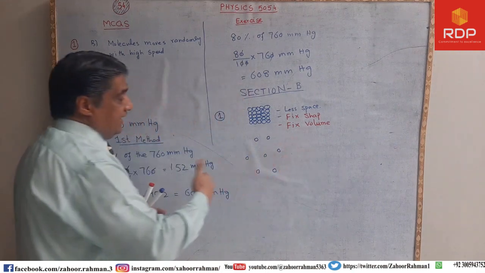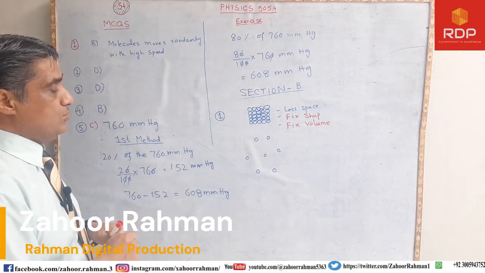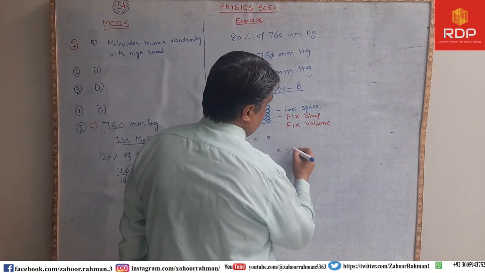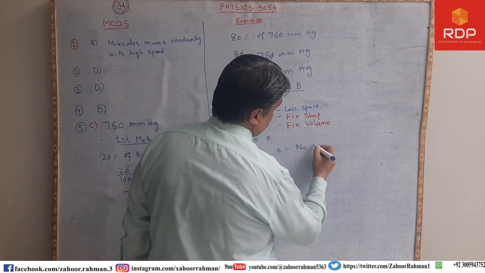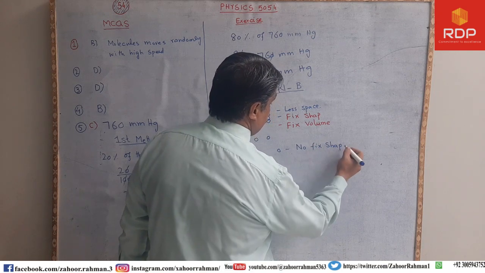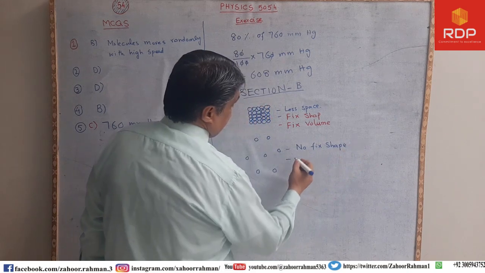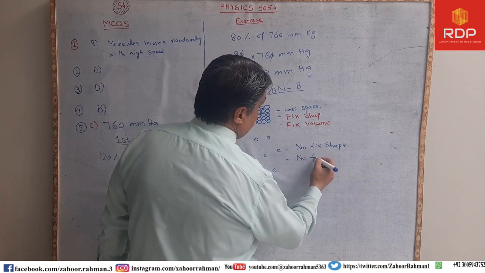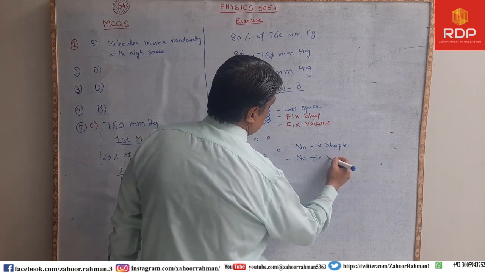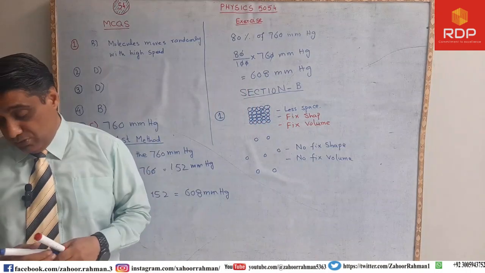Because they are not strongly bound by the intermolecular forces, they have no fixed shape. Wherever you put it, it will get the shape of that container. No fixed volume, because they are spreading apart.